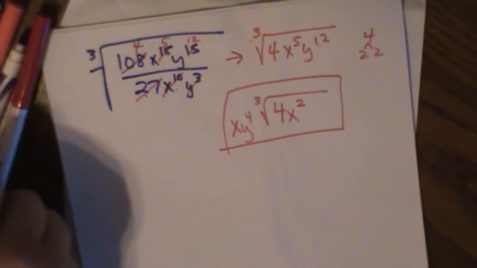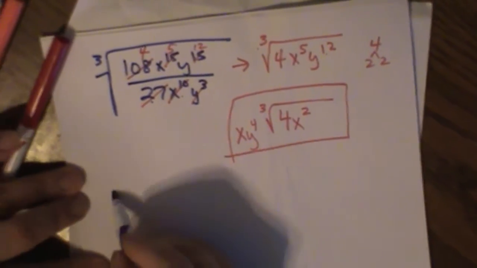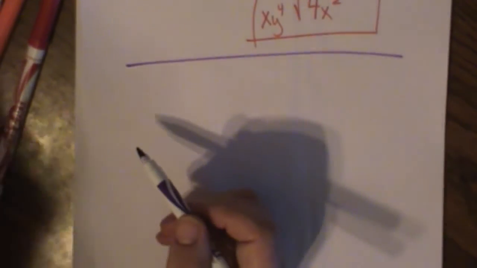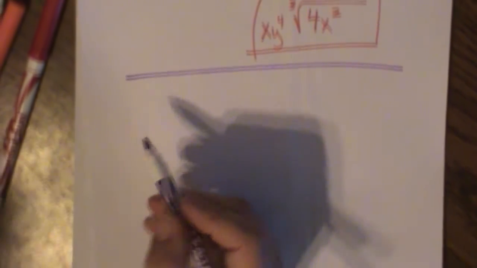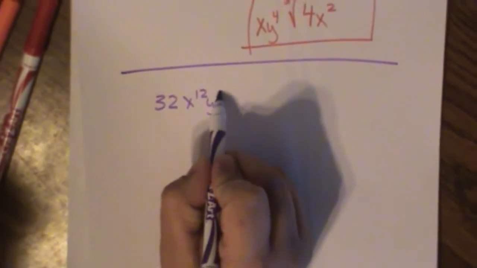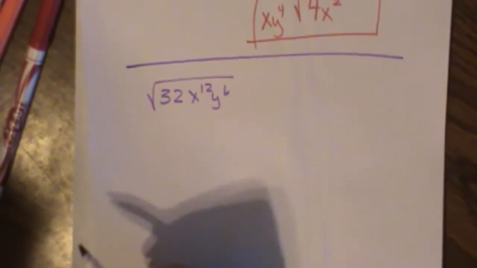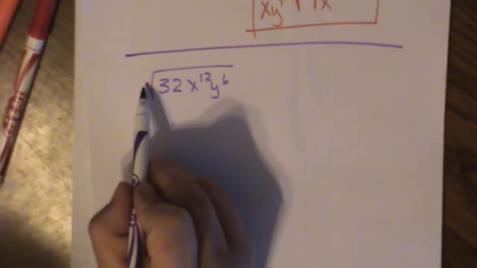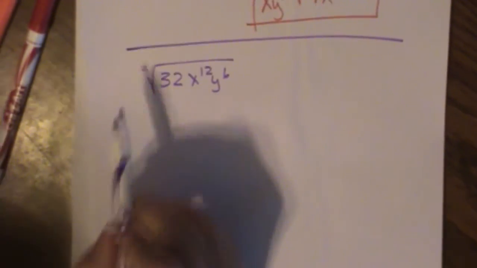All right, our next one is 32 x to the 12th, y to the 6th, and we're going to take the square root of it. Anytime you see a square root, we automatically know that the index is 2.